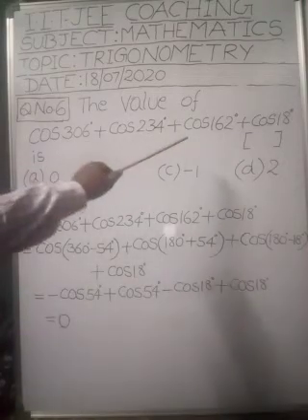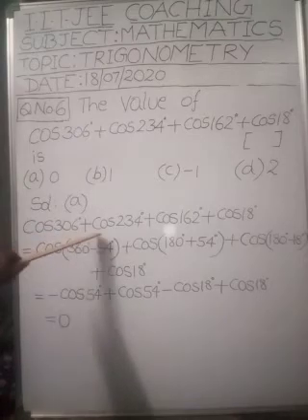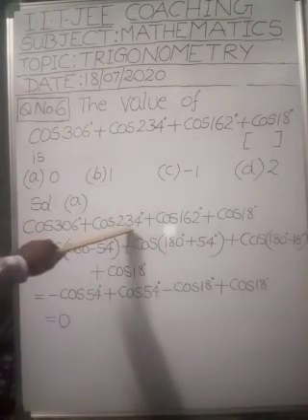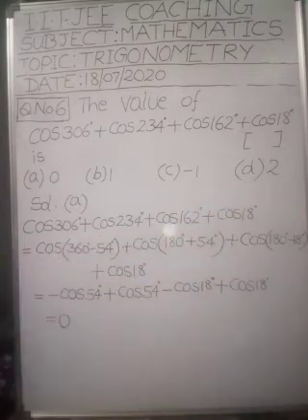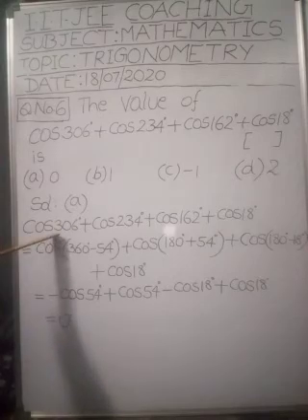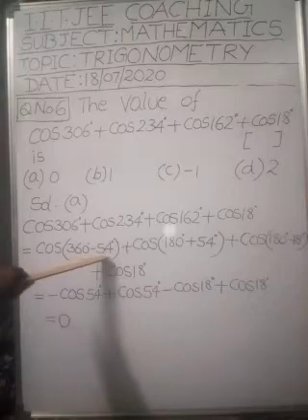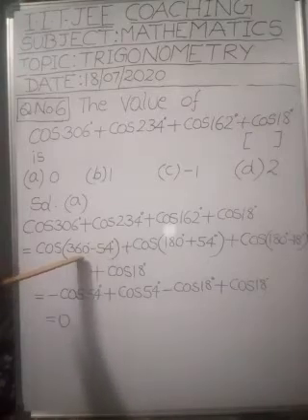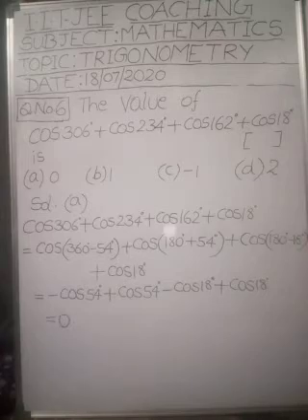Let us take the given expression cos 306 degrees plus cos 234 degrees plus cos 162 degrees plus cos 18 degrees. Now I am writing the first term as cos of 360 degrees minus 54 degrees. 360 minus 54, what will you get? 306 degrees.